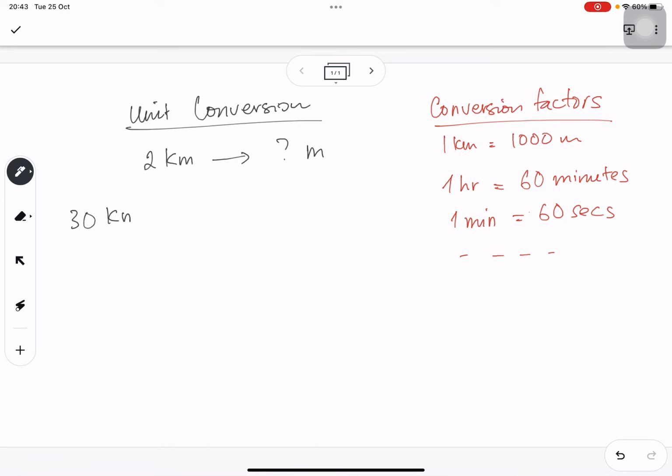So we have 30 kilometers per hour, and you want to convert to meters per second. You want to convert kilometer to meter and hour to second. So intuitively, you will need two conversion factors.